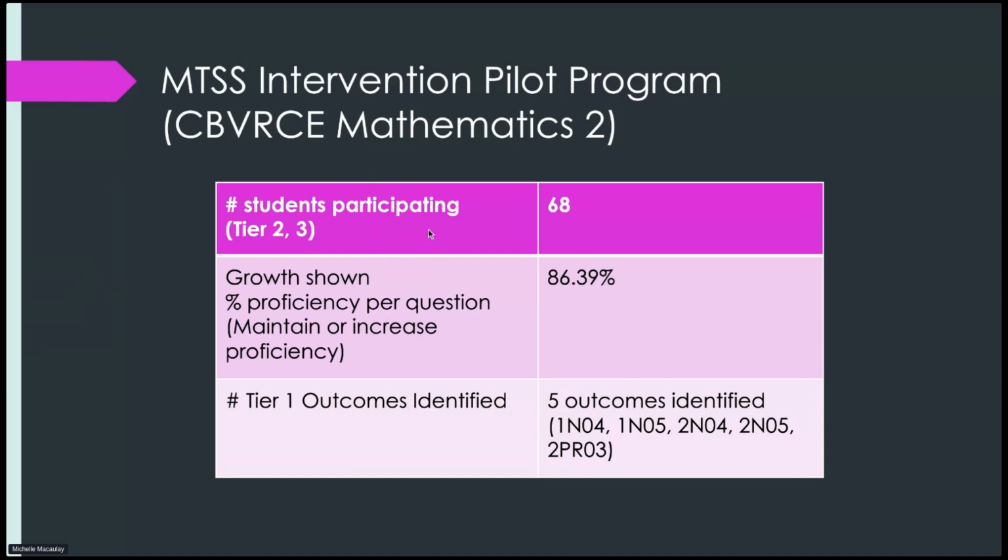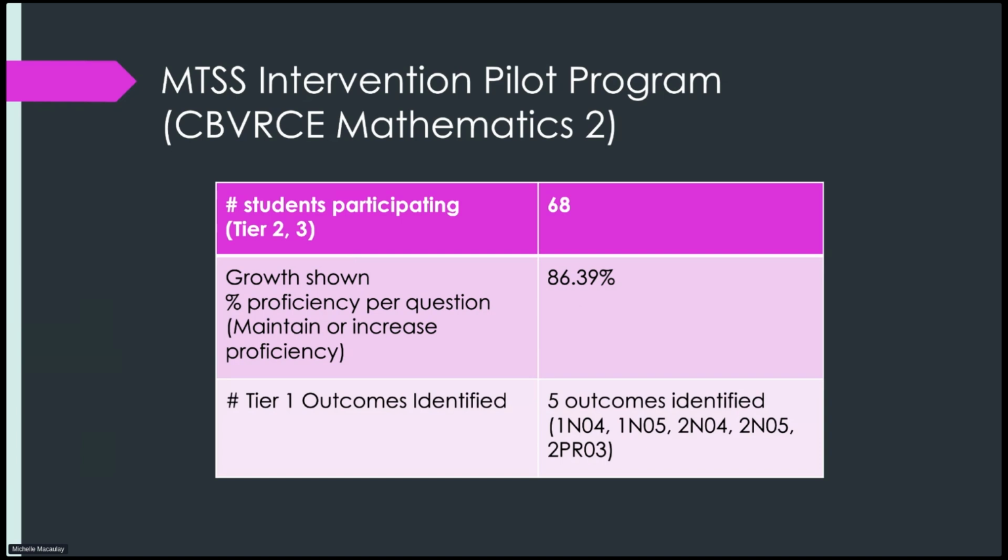So just a quick summary of that, we had 68 students who received Tier 2 and Tier 3 support based on the identification from the assessment tool, and then a little bit over 86% maintained their proficiency or their understanding on the question, or increased.